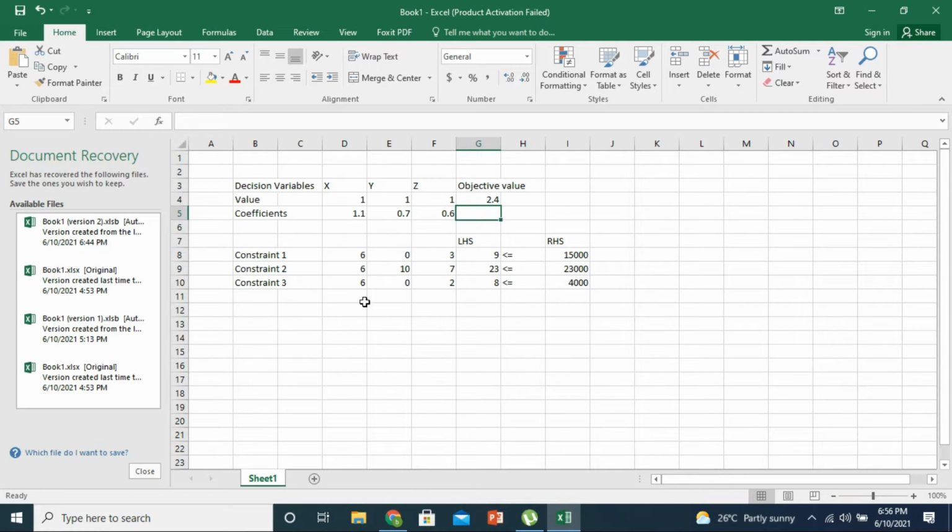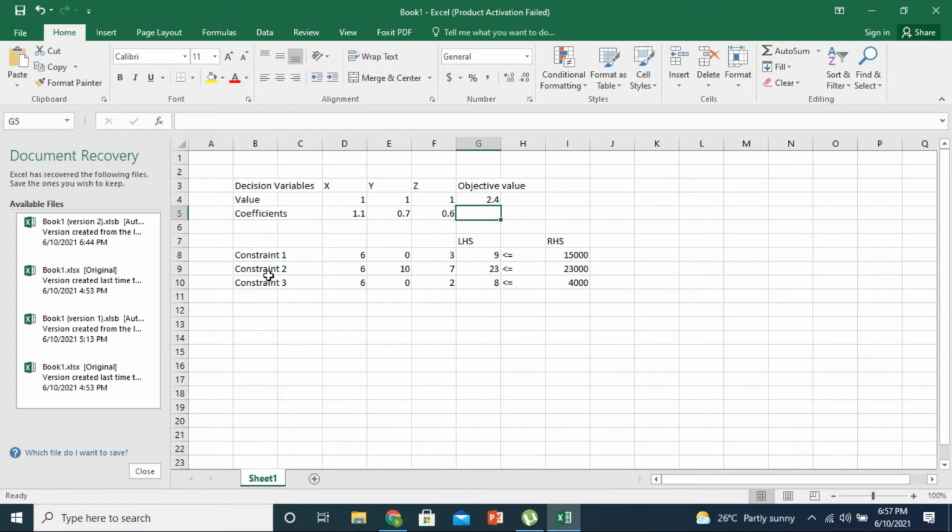Next, the constraints. In this question we also have 3 constraints: constraint 1, constraint 2 and constraint 3. For constraint 1, we have 6x plus 0y plus 3z, less than or equal to 50,000.